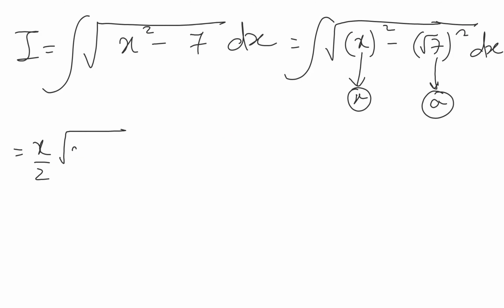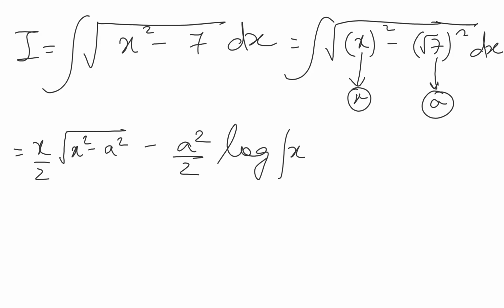So x by 2 root of x square minus a square minus a square by 2 log mod x plus root of x square minus a square plus c.